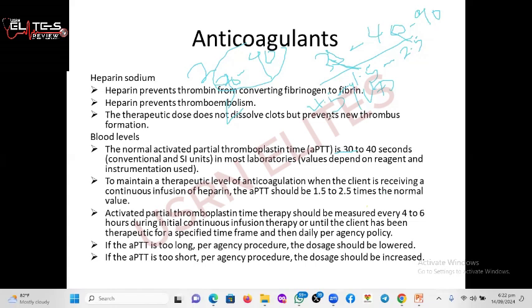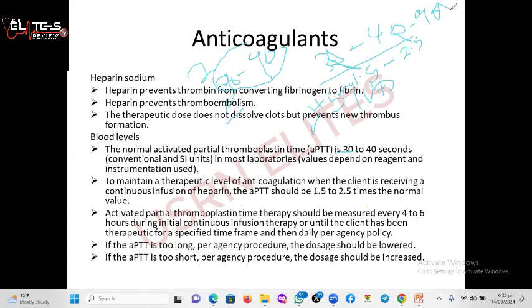And so if the level is less than 45, that means that you need to increase the dose of the medication. Equally, if you check the APTT for someone on heparin and you get something above 90, sometimes they will say 100, but anything above 90 means that the medication is being overdosed or the medication is in excess.